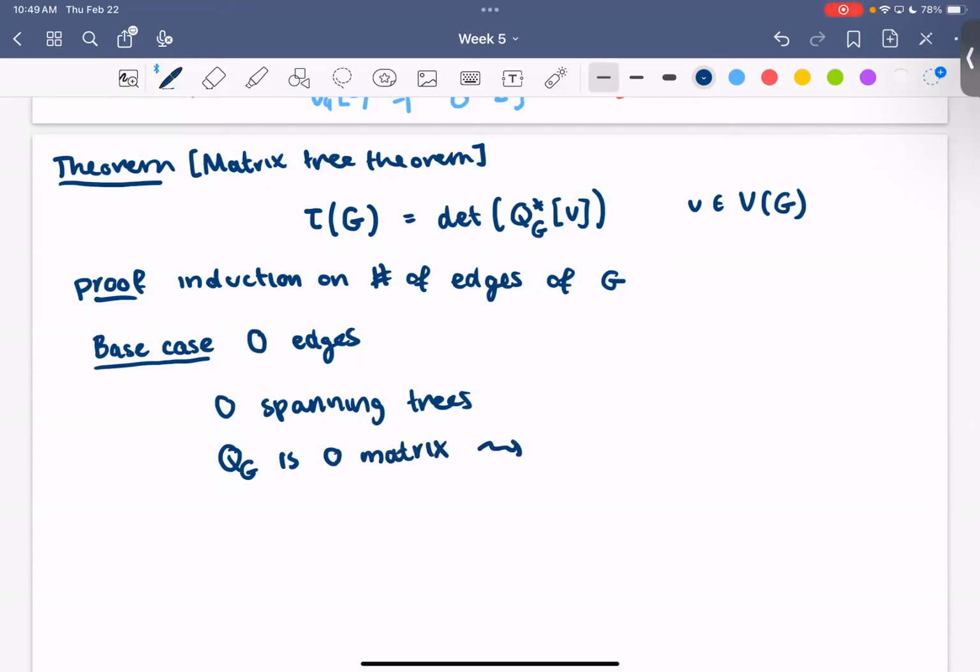So that means that Q star G of V is also a 0 matrix. So that means that the determinant of Q star G of V is 0. Okay, so that verifies the base case because the determinant is 0 and the number of spanning trees is 0. Are there questions about the base case?